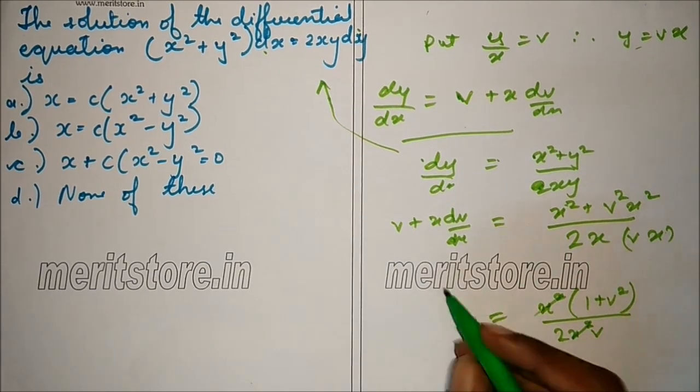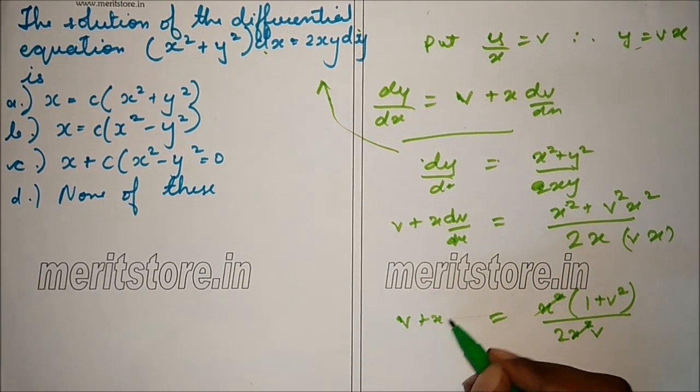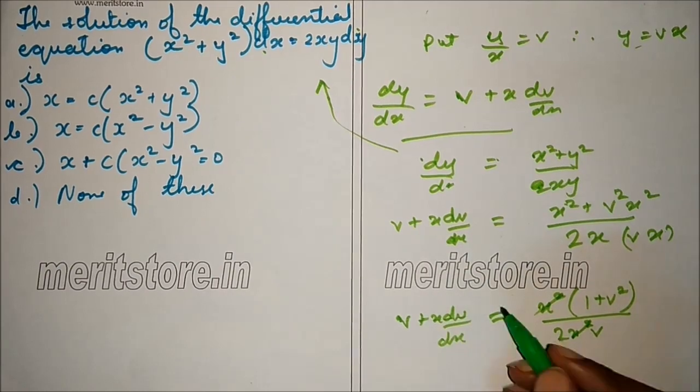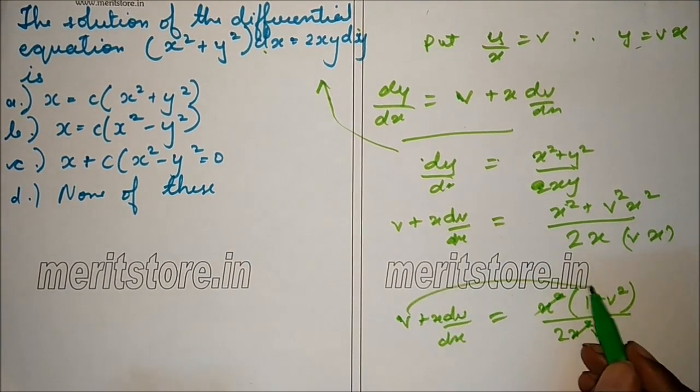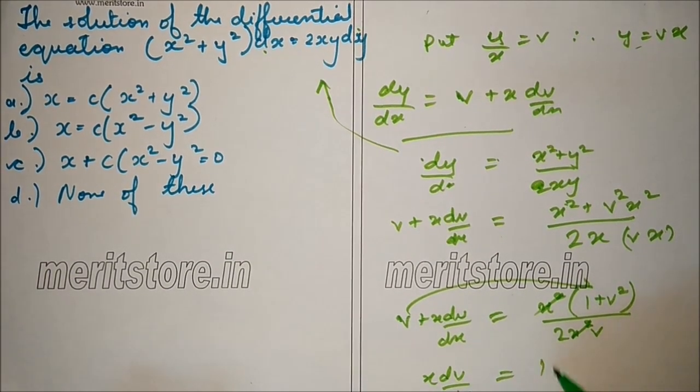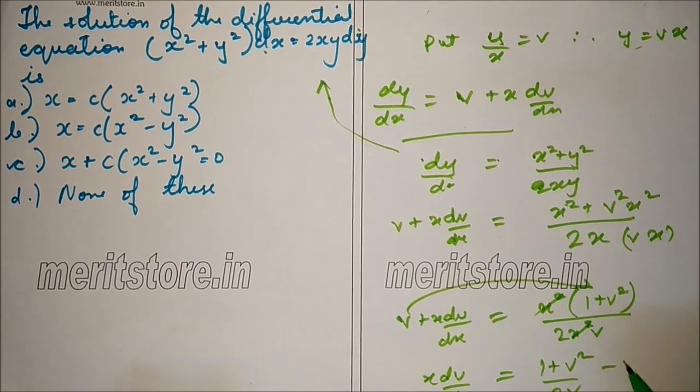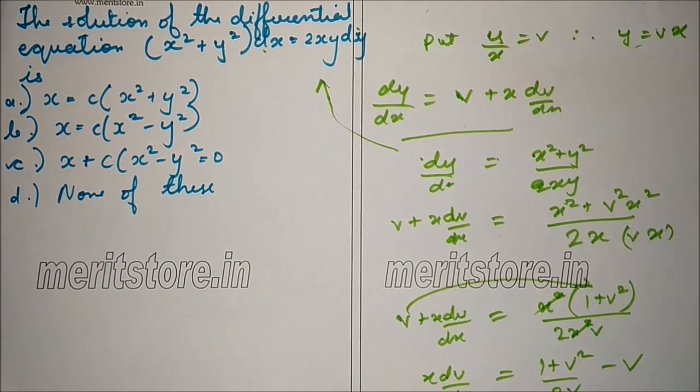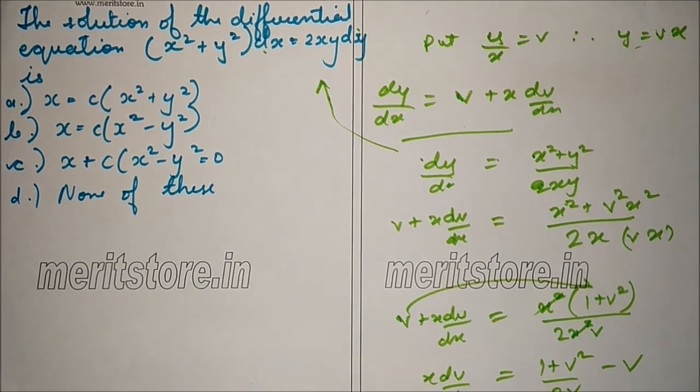So x square gets cancelled, and here it is v plus x dv by dx. Now we take this to the RHS. So this will be x dv by dx equals 1 plus v square by 2v minus v.